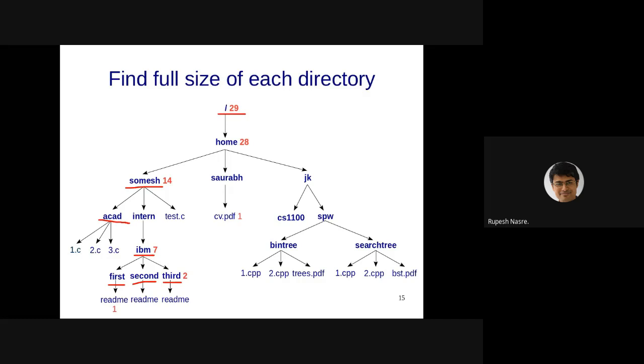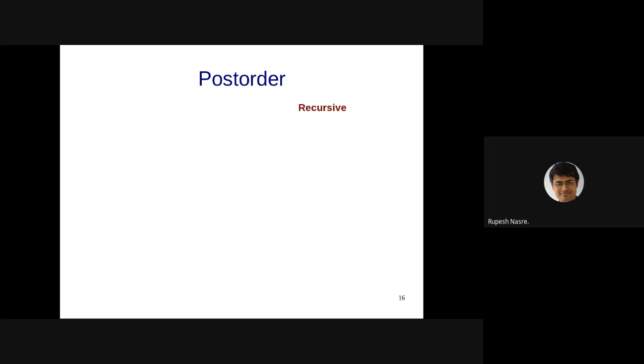So you should go through ACAD recursively, intern recursively, test.c recursively, and then only you will be able to figure out what the directory size of Somesh is. That means that I am going to be able to talk about Somesh after having looked at all its subtree, and therefore this leads to a post-order traversal. Right? So I'm going to look at the node after looking at the children recursively, that leads to the post order traversal.